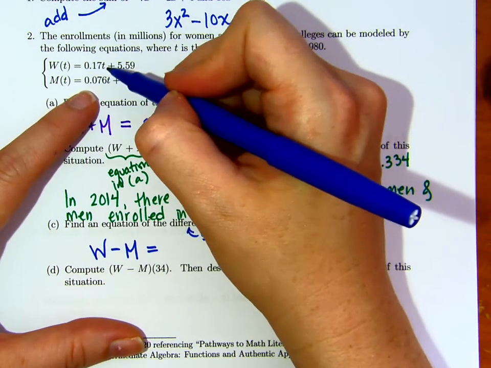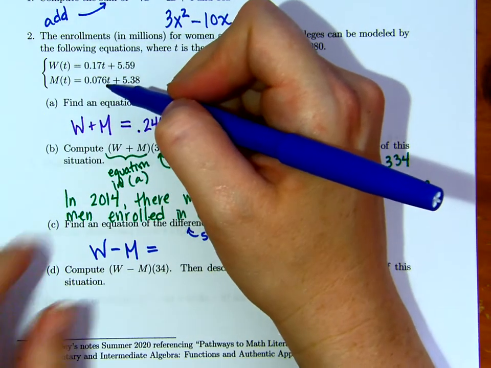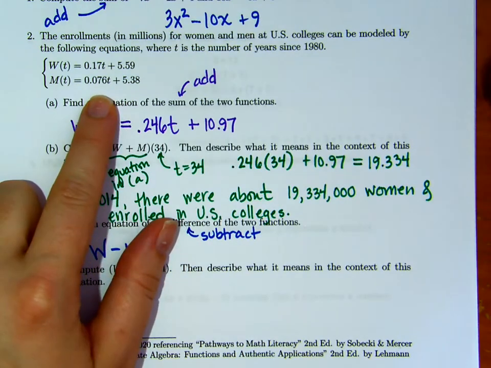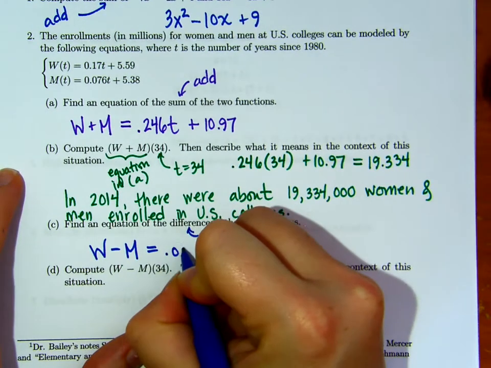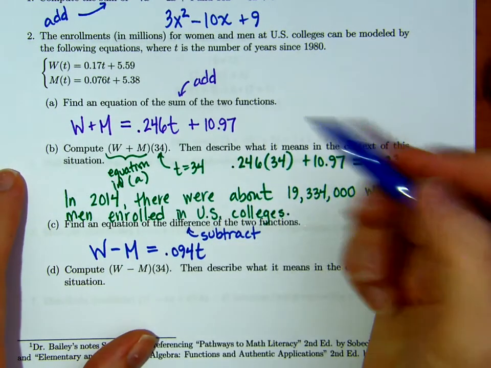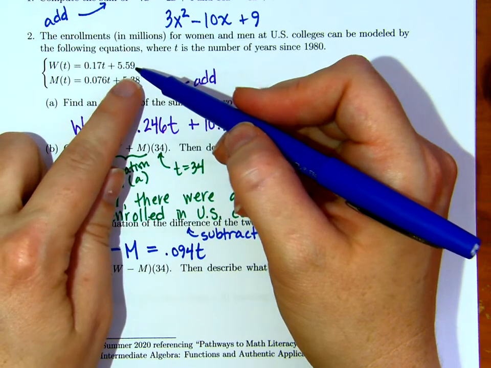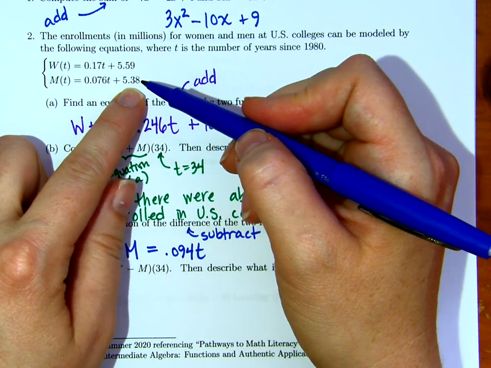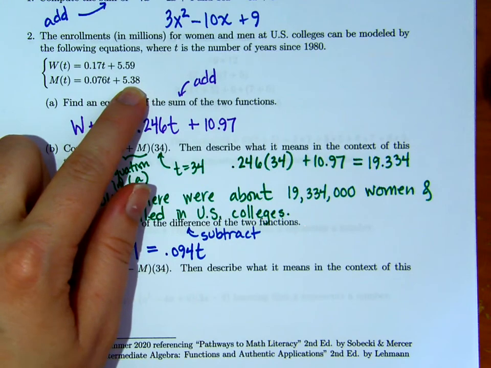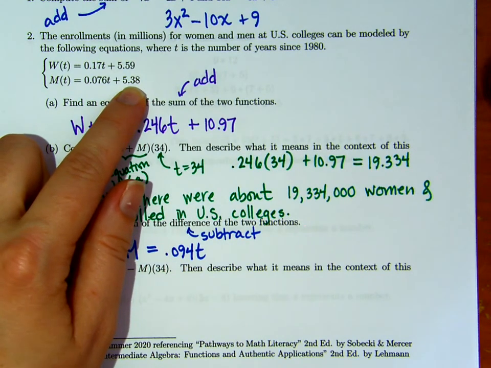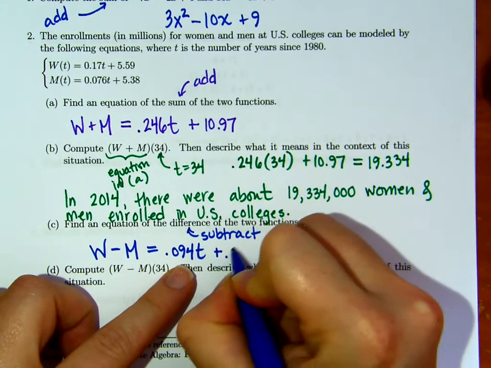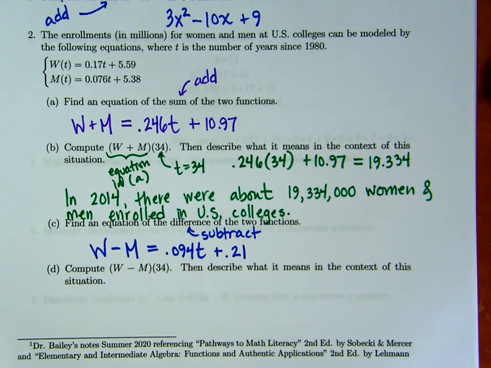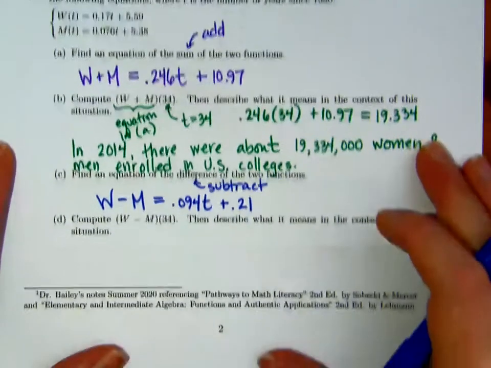So now we have 0.17t take away 0.076t. 0.17 take away 0.076 makes 0.094t. And then we have 5.59 take away 5.38, because those are like terms with like units. And that was 0.21. So plus 0.21. Got it. Found the equation for the difference of these two functions.